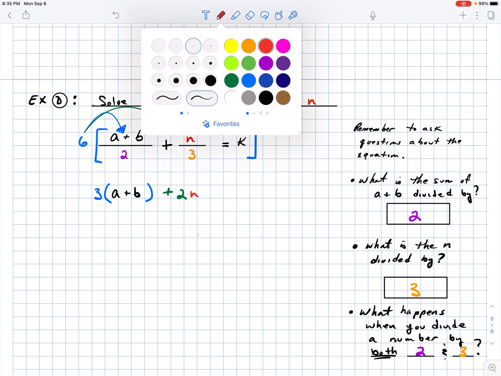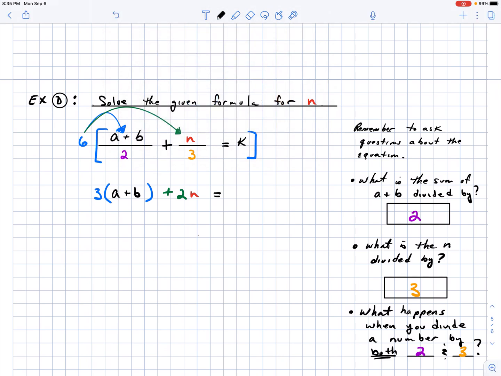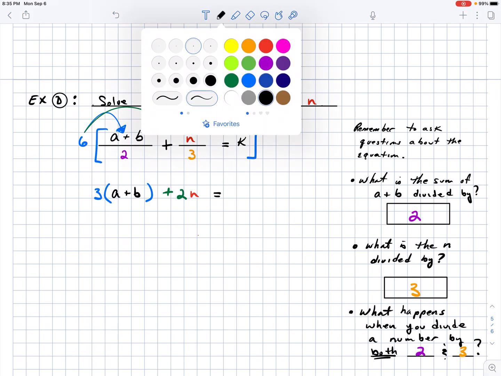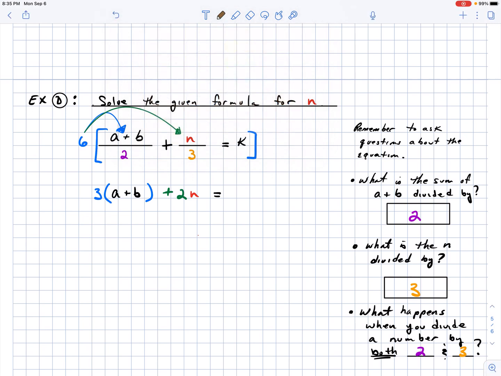And then we still have to have it equal, and don't forget to distribute the last piece here. That would be 6 times k. Because you have to multiply this outside number, right? That's the old way of saying it. But we're going to say we're going to distribute the 6 over the equation. So 6 times k is simply 6k.